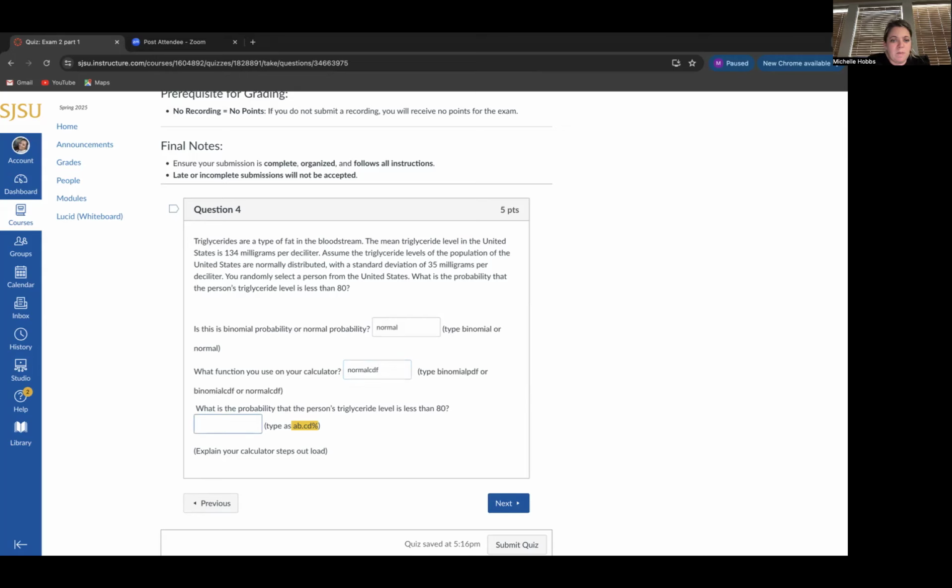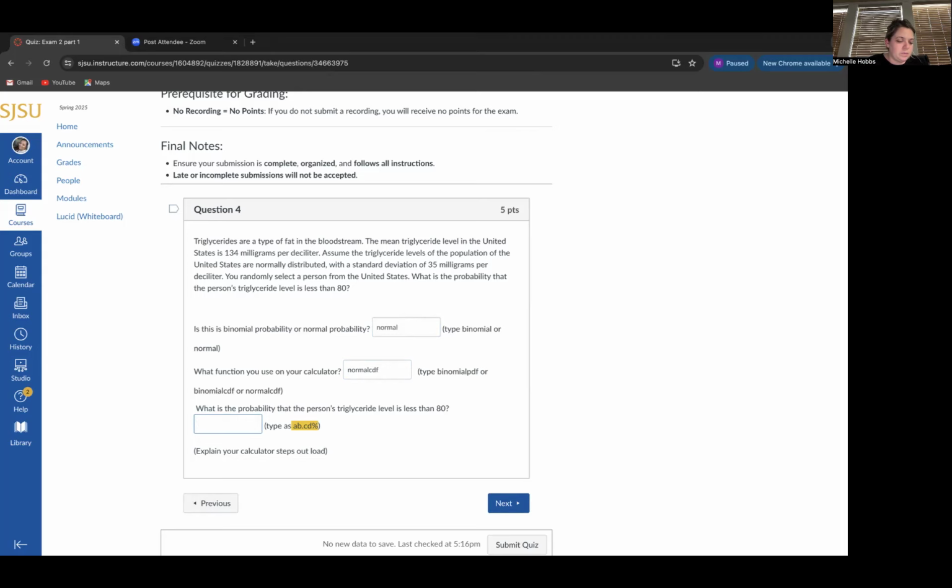And then what is the probability that the person's triglyceride level is less than 80?